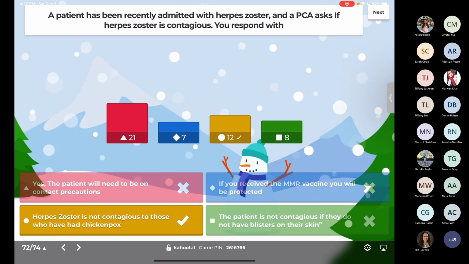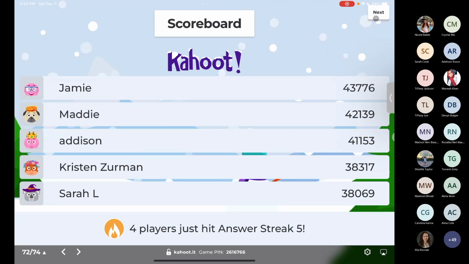So herpes zoster is the reactivation of chickenpox. So if my patients already had chickenpox, they are protected. So while yes, it is contagious, yellow is the most correct.